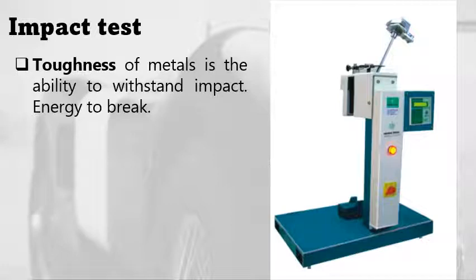The toughness of the metal is the ability to withstand impact or energy before it breaks. So you can see here the image of the machine or equipment that is used for toughness or impact test.